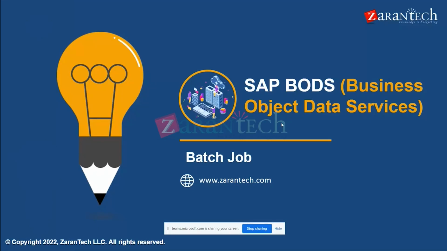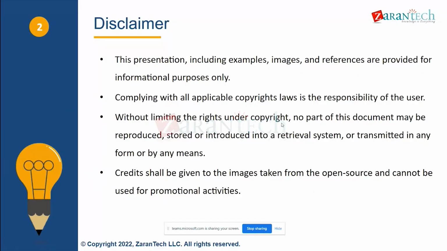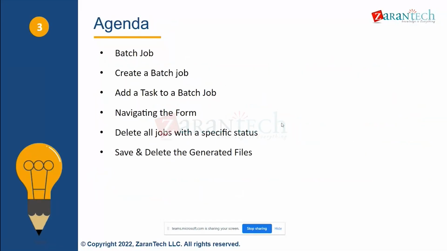So in our next module, we will get to know what a batch job is, how we create a batch job, how we add objects into batch jobs, and how we navigate from one panel to another.